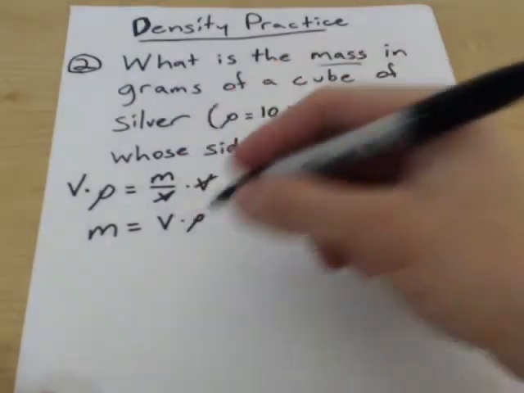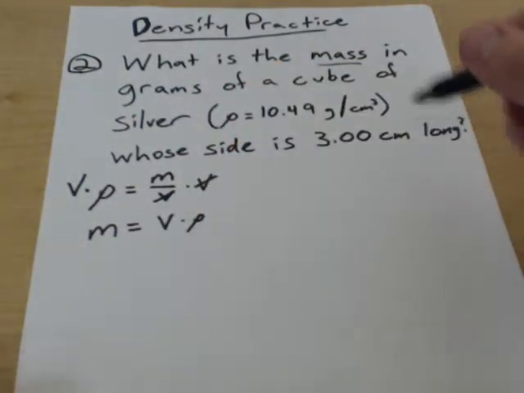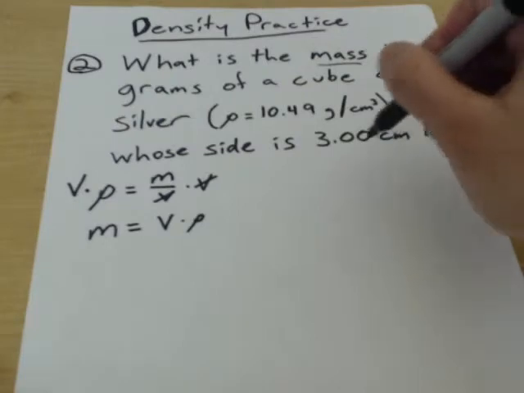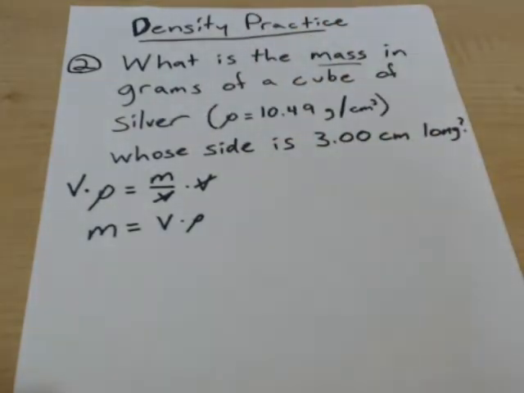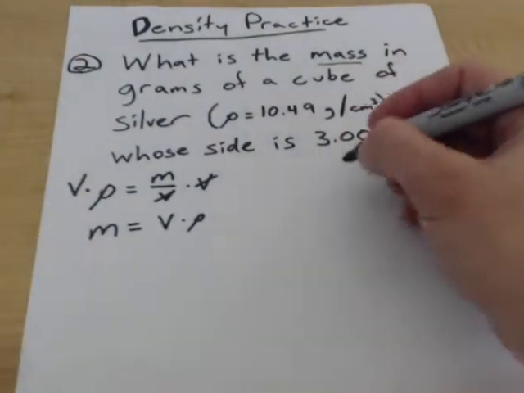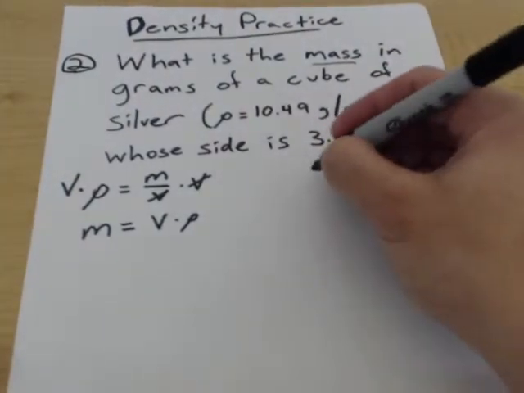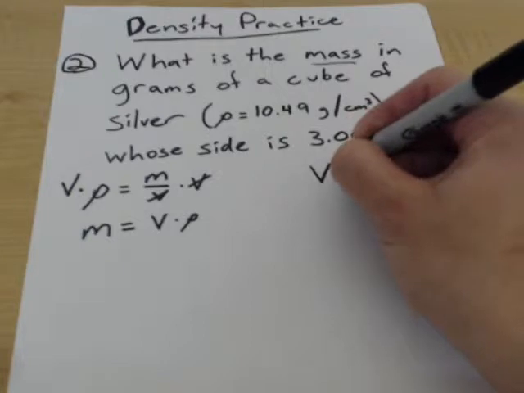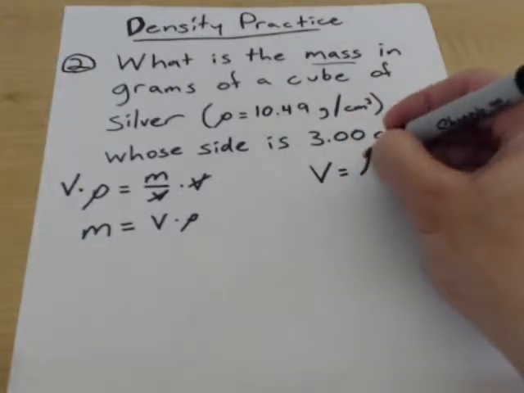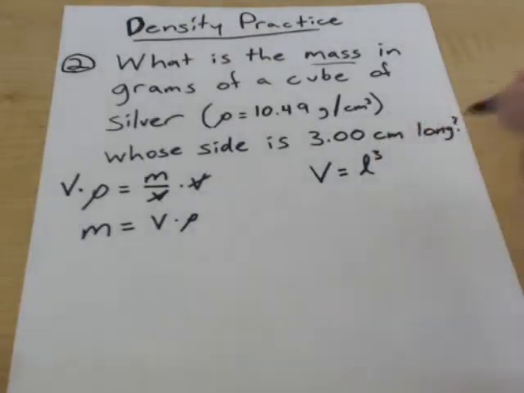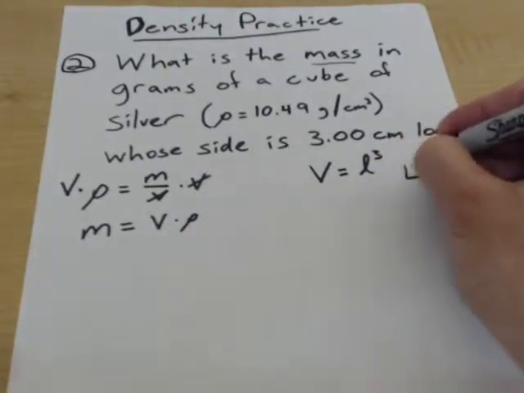Okay, so that's what we have to figure out, but we don't have the volume. We do have the density, but we only have this cube, whose side is 3 centimeters long. So we're going to have to find the volume using the formula for volume. The volume of a cube is just going to be length cubed, because all the sides are equal in the cube, right?